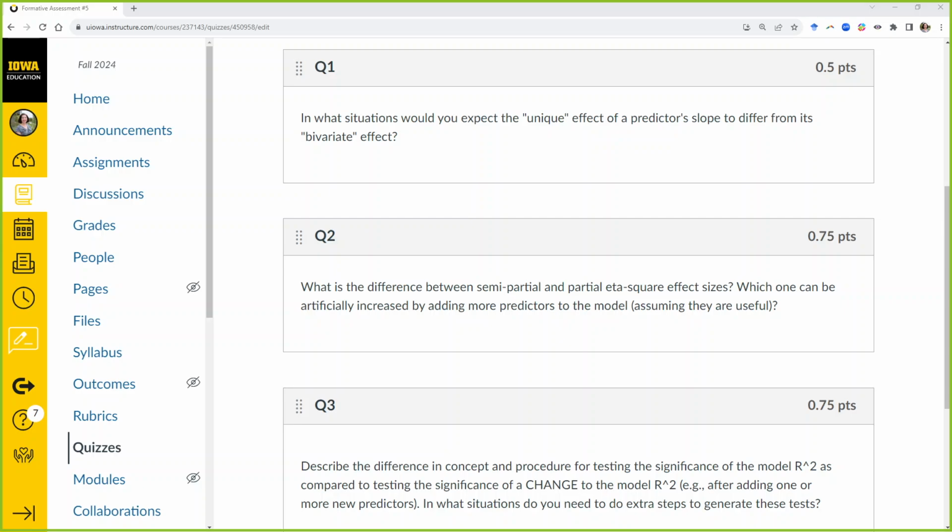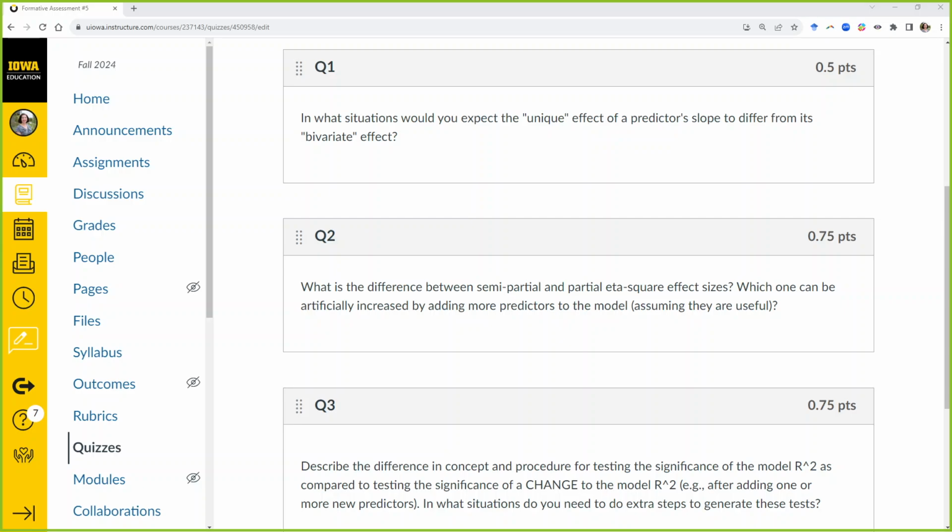Kind of interaction. Mm-hmm. Mask some of the. Yep, we talk about suppression. One of them, yes. So the unique effect differs from the bivariate effect when other variables influence the predictor. And when there's correlation between the predictors as well, right?